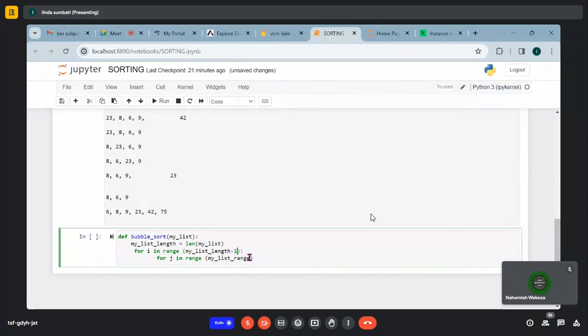Because it's the length of the list. For example, if it is 10, the length of the list will be 9, right? Yeah. So you subtract 1, but in J, should that be my list length? Pardon?